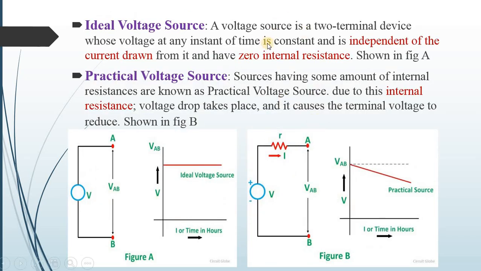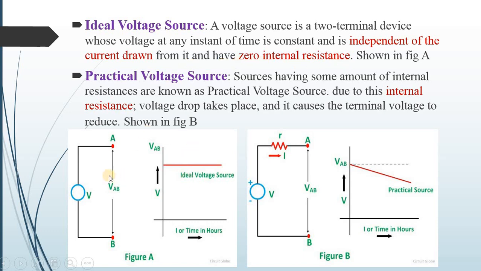Ideal voltage source. A voltage source is a two-terminal device whose voltage at any instant of time is constant and is independent of the current drawn from it, and it has zero internal resistance.